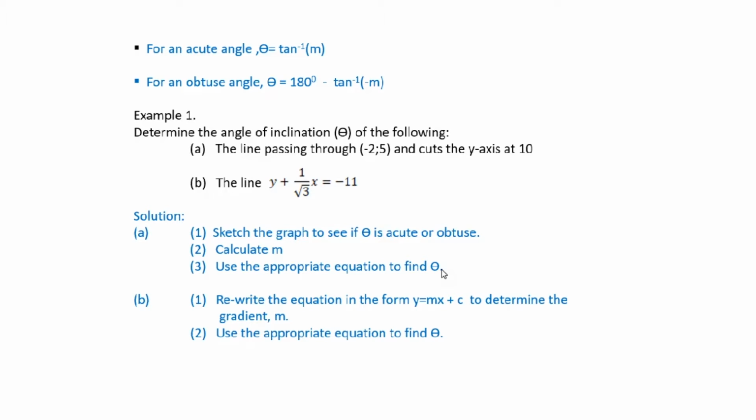Right, so let us look at an example here. I have example 1, which is actually 1A and 1B. The example says, determine the angle of inclination, theta, of the following. A, the line passing through (-2, 5) and cuts the y-axis at 10.